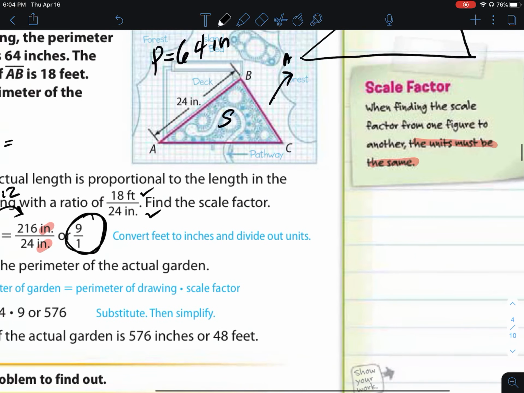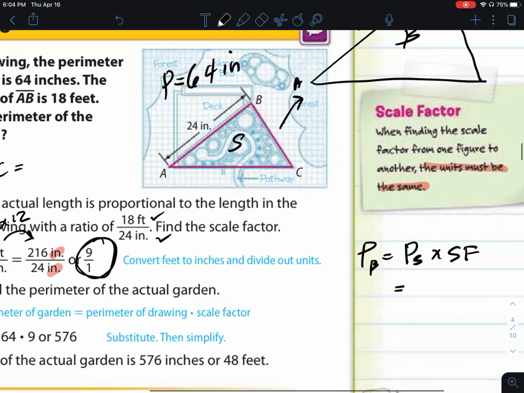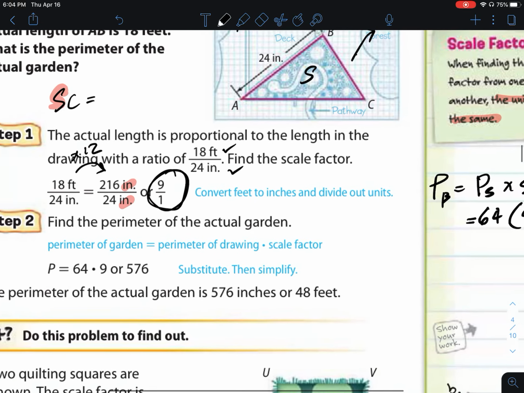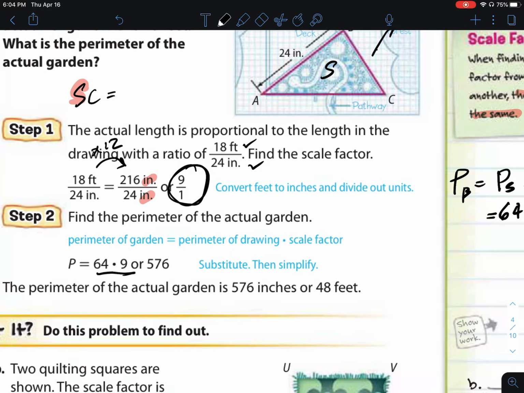So go back to our formula. Our formula simply states that the perimeter of the big figure is equal to the perimeter of the small figure multiplied by the scale factor. We know that the perimeter of the small figure is 64. We know that the scale factor is 9. Simply multiply 64 times 9 gives us 576.